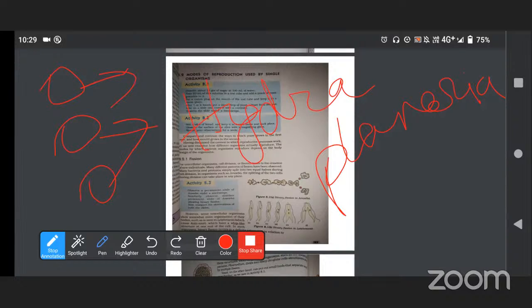So these are the things we have learned. Today, up to this; in the next class we will discuss the other three methods of asexual reproduction, that is budding, vegetative propagation, and spore formation. With this, asexual reproduction will be complete.